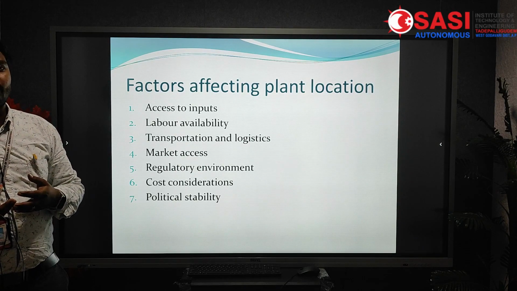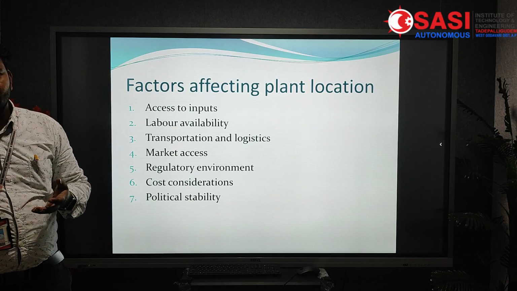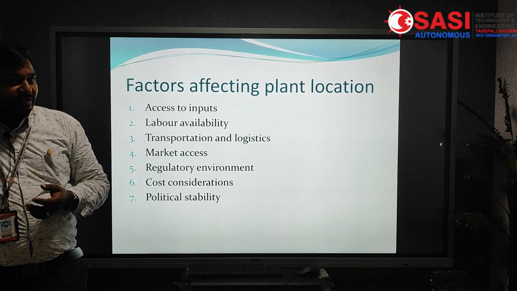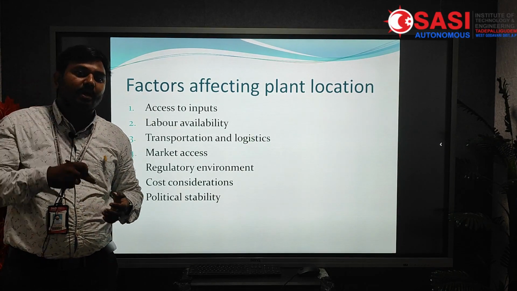Is it safe to the people who are living in the surroundings or not? Based on those conditions, the government will frame the regulations.